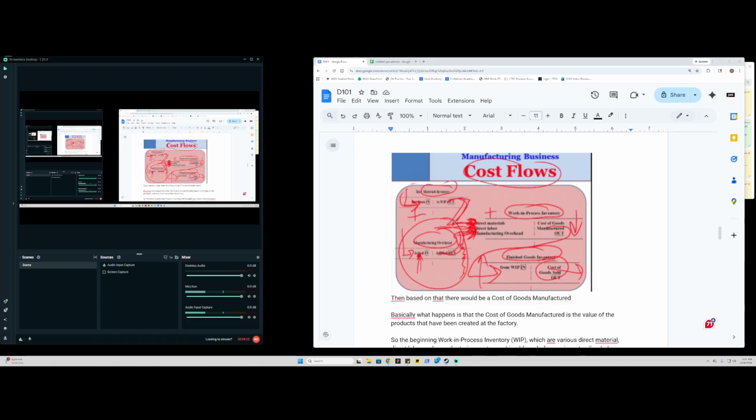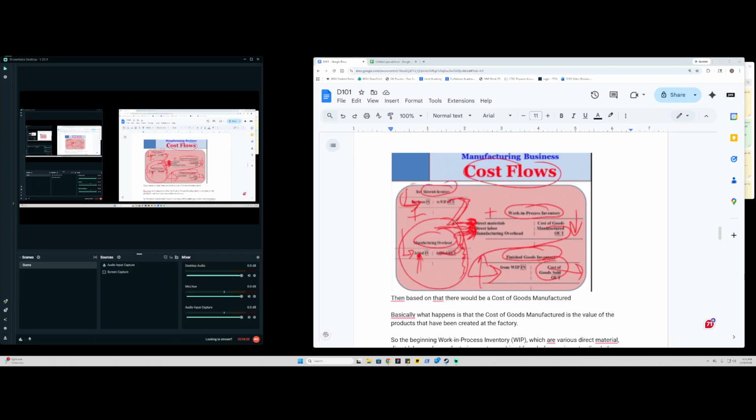And that would give you the initial amount of work in process inventory, and it would change every manufacturing period, depending on how much of it has been used already, because different amounts of material, labor, and manufacturing overhead would have been used for each job.